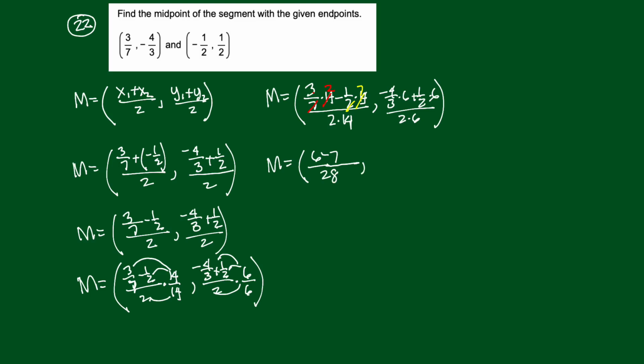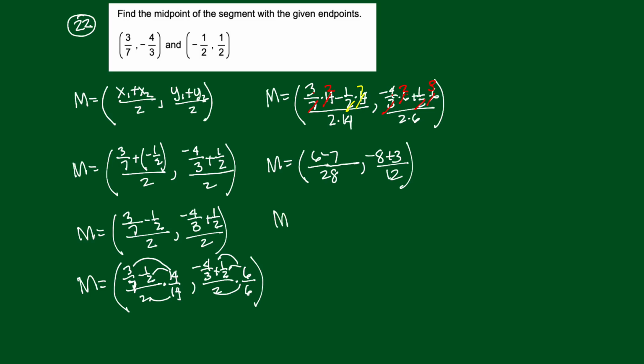And then over here, 3 will go into 6 twice, so I get negative 4 times 2. That's negative 8. And then 2 will go into 6 3 times, so I get 1 times 3, which is 3. So plus 3, all over 2 times 6, which is 12.